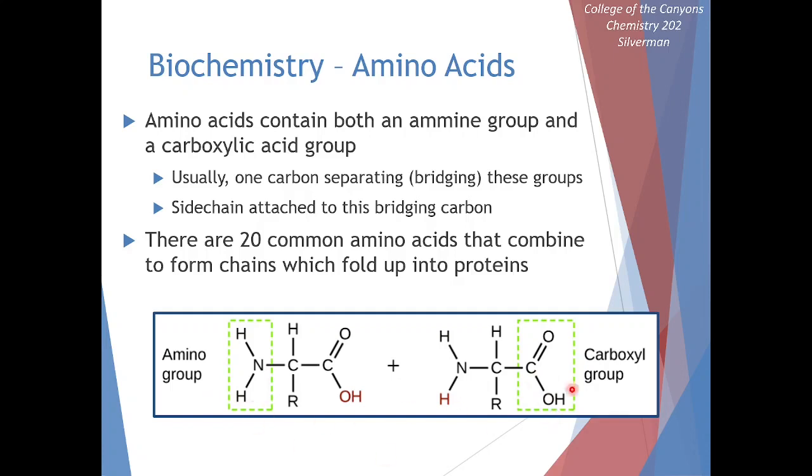We can start to link these amino acids together, forming chains of amino acid molecules, known as peptides or proteins. In biology, these proteins fold up into secondary, tertiary, and quaternary structures, which allow them to function as parts of our cells and our bodies.